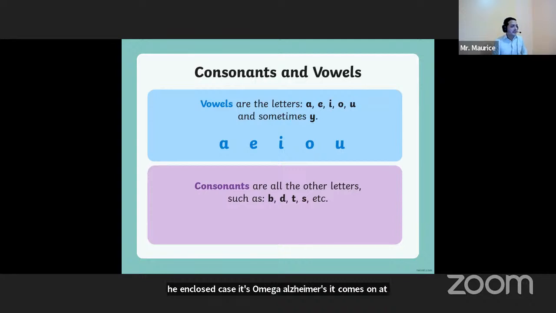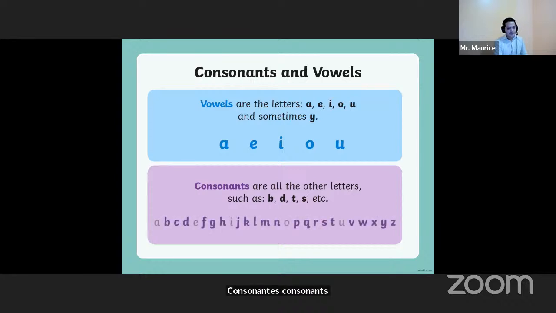Vocales, pues ya sabemos, las 5 en inglés, comúnmente también está considerada solo algunas veces la Y. Las consonantes son todas las letras del alfabeto a excepción de las 5 vocales. Intente poner el abecedario enfrente suyo y retire las 5 letras que le pertenecen a las vocales. El resto de letras que sobran se las consideran consonantes. Consonants. Okay. So these are the consonants.